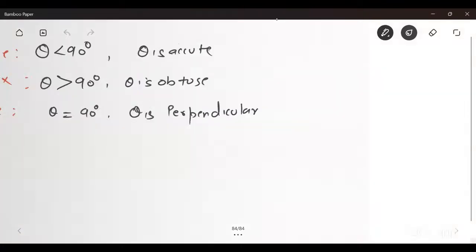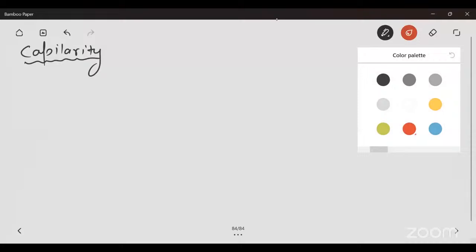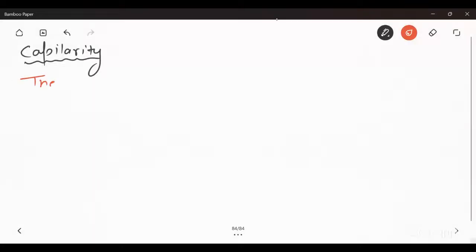Now come to the next topic, that is your capillarity, and the last topic. What is capillarity? The Latin word capilla means hair.